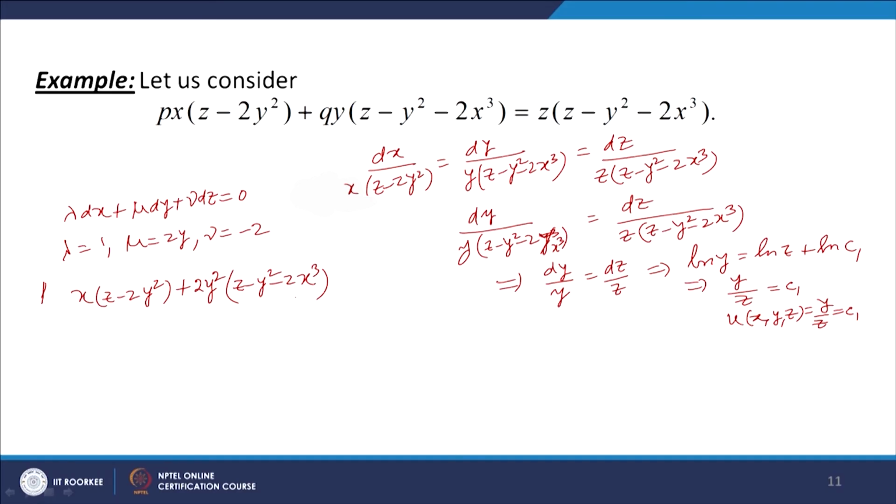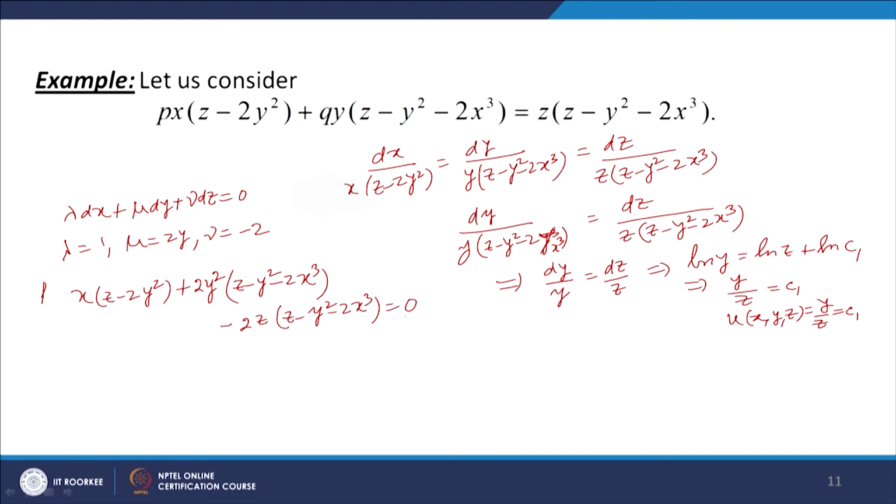What we have to try: dx over, what we have to do, minus 2 dz. What will I get? Minus 2 z into z minus y square minus 2x cube equal to 0.